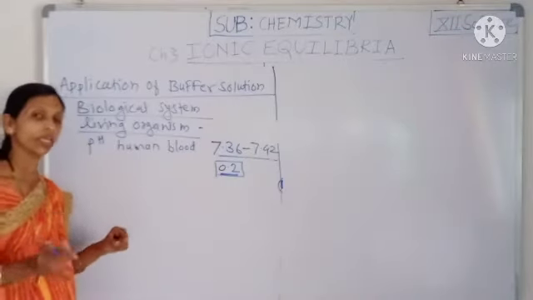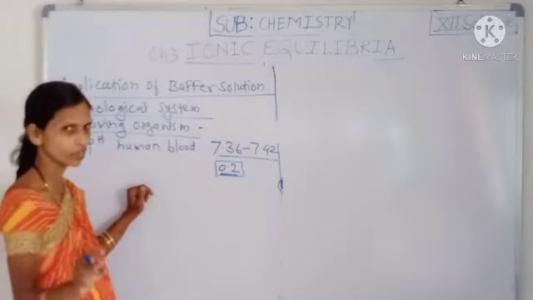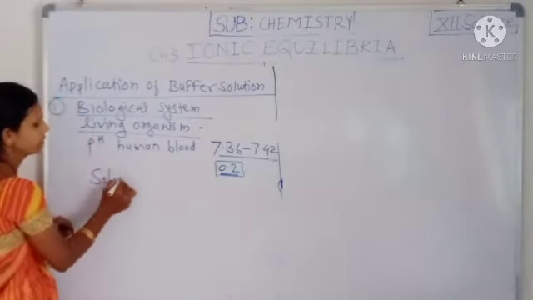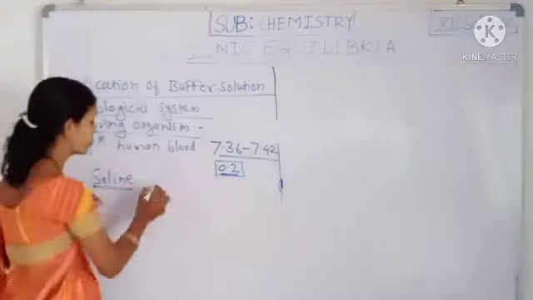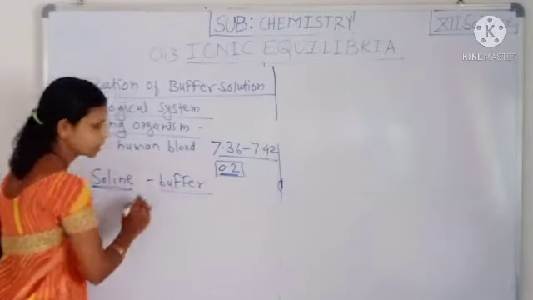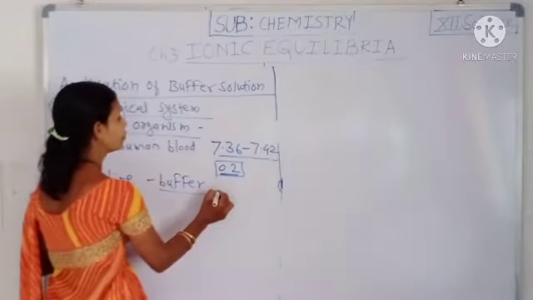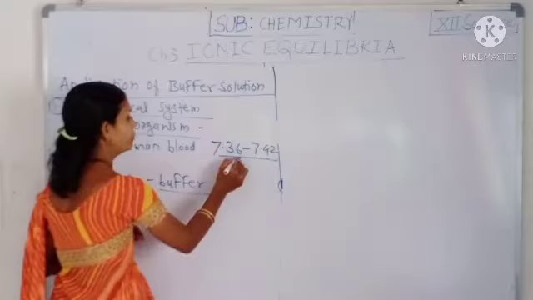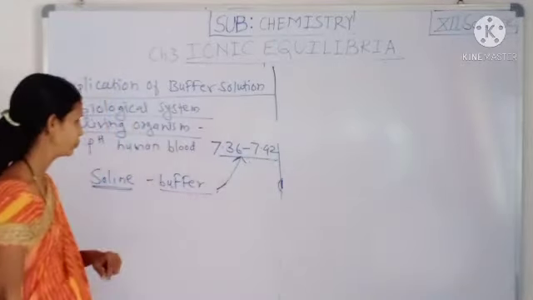Therefore, in any disease or any disturbance of biological functions, saline water, which contains buffer, maintains the pH of human blood between 7.36 and 7.42.